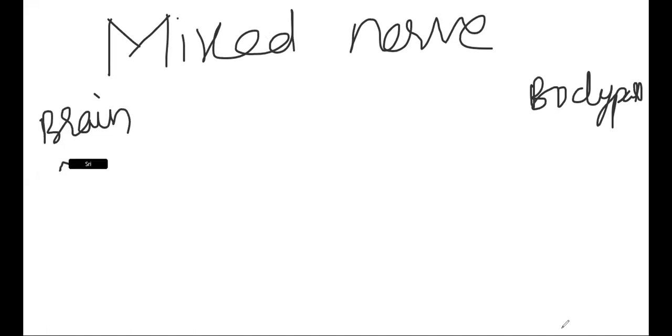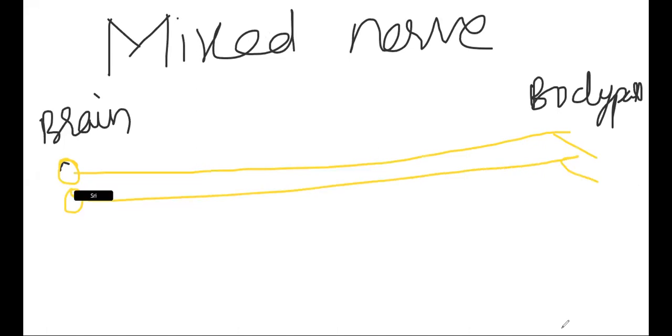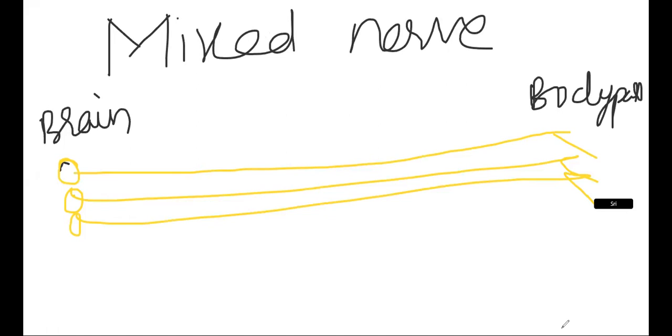Let me use different colors for different ones. I'm using yellow for this. Okay, body parts. So what is this which I drew? Sensory fiber or motor fiber? Motor fiber. Okay. Next, let me use another color for sensory fibers.